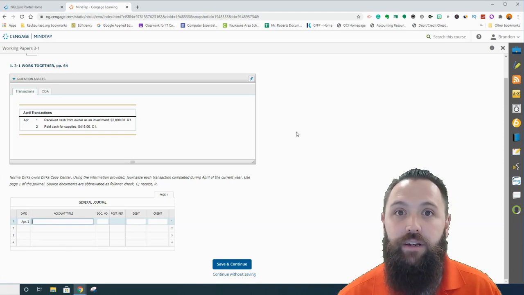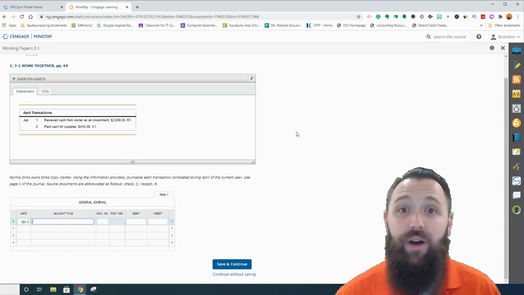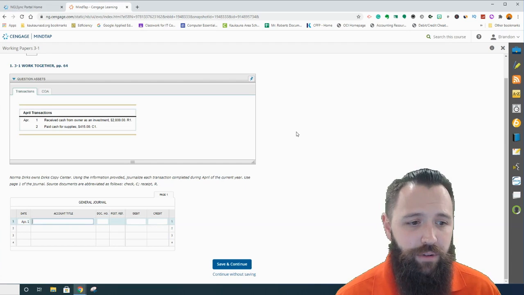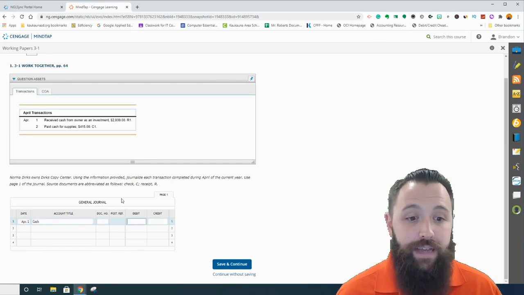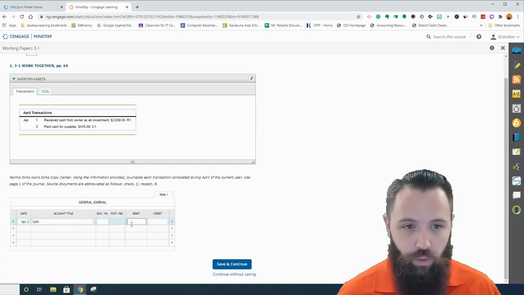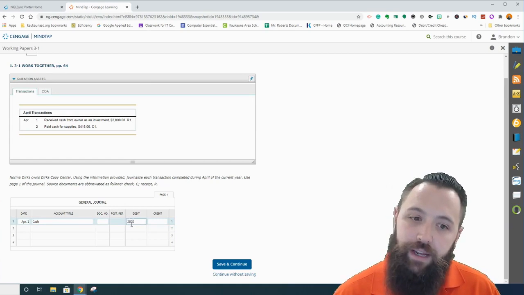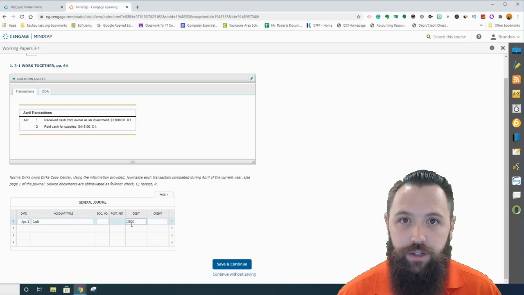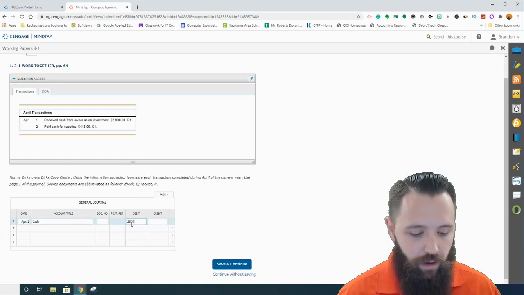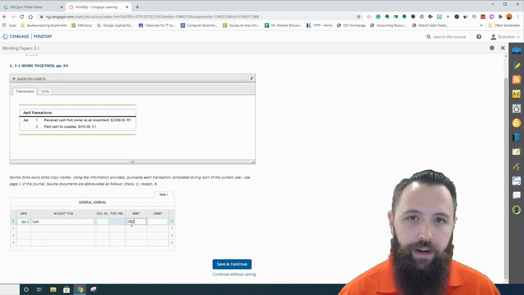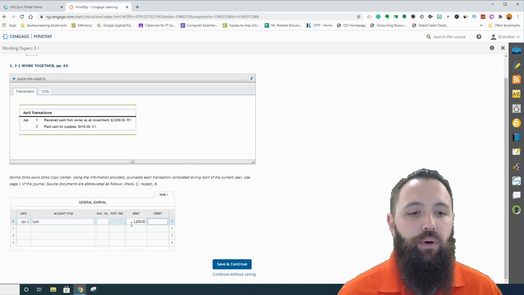It's an asset. I increase it on the debit side. So I know that cash is going to be the account that gets debited. So I'm going to write that in. And then in the debit column, I'm going to type in 2,800. Now, once again, I do not put 0.00. Don't put anything. All I want you to do is hit tab, right? And it's going to automatically put in the comma and the 0.00.